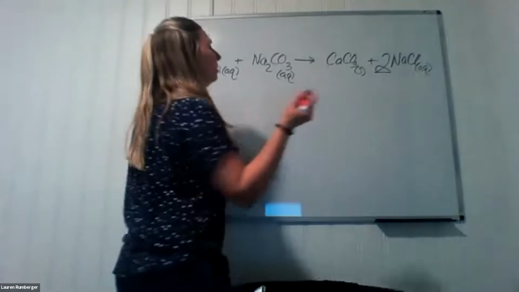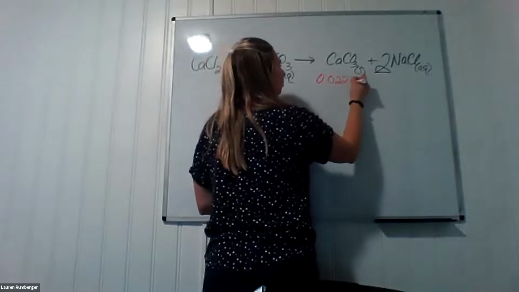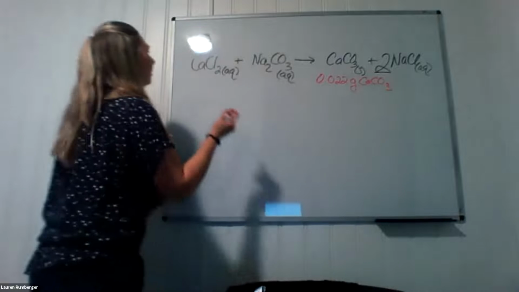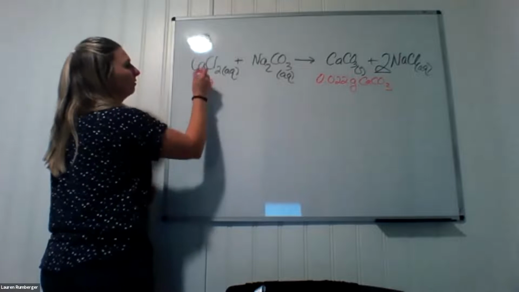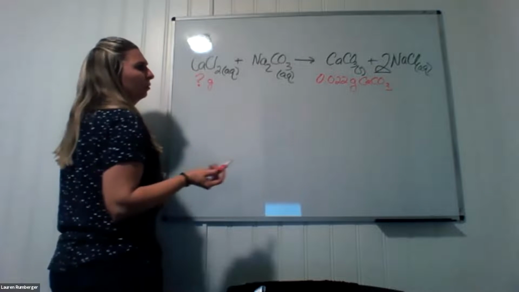So if we are producing 0.022 grams of calcium carbonate, this is our question mark. We want to know how many grams of calcium chloride did we need to start with, okay?